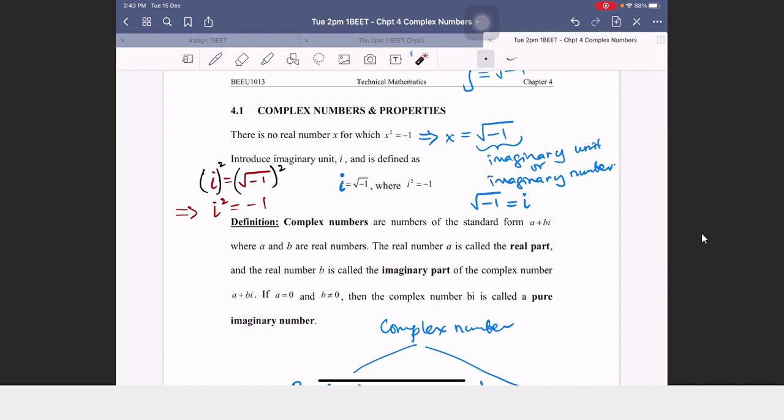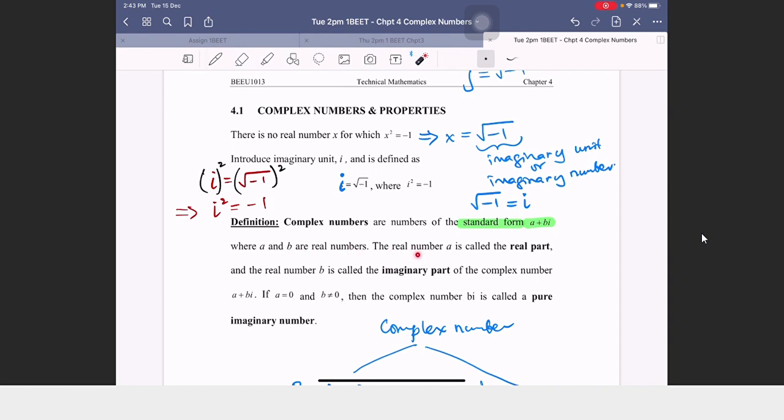Perhaps we can go through it, which says that complex numbers are numbers of the standard form a + bi. The word is standard form. That means this is the way we write a complex number in standard form, where a and b are real numbers.